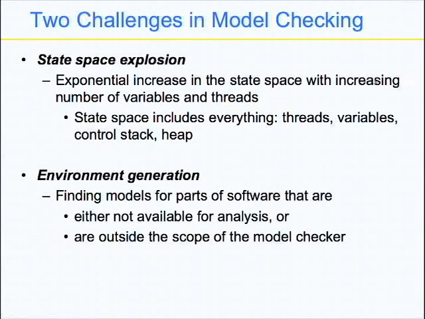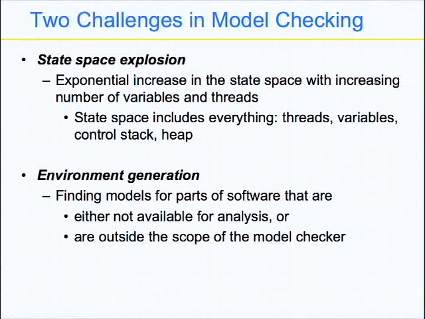There are tools out there that try to do this, and of course they have a lot of techniques that try to improve the state space exploration, so it's not just naive exploration. But still, state space explosion is a big problem. If the number of variables or threads increases, the performance of model checkers gets worse and worse.